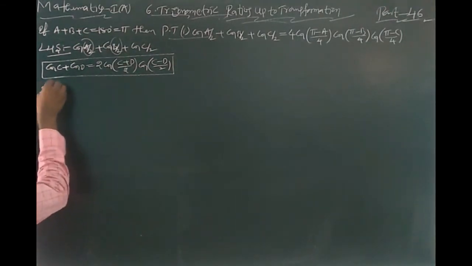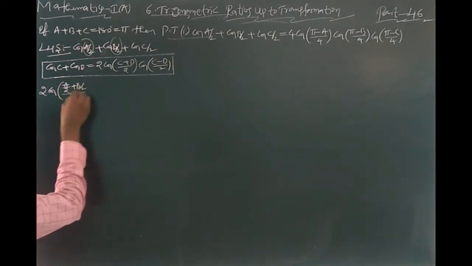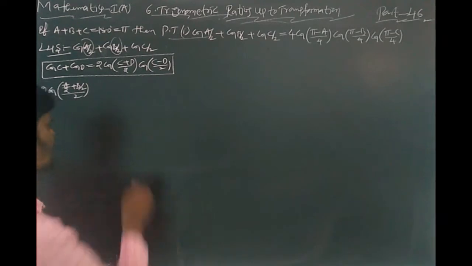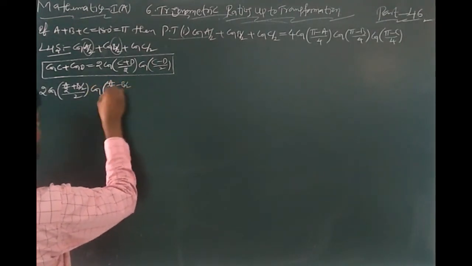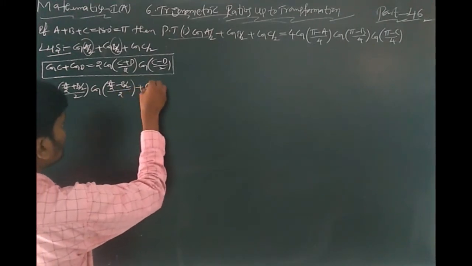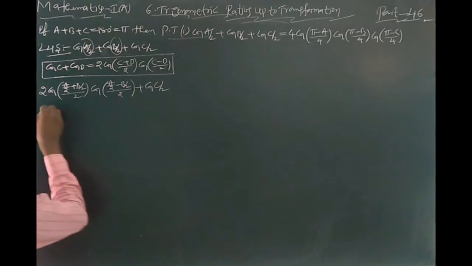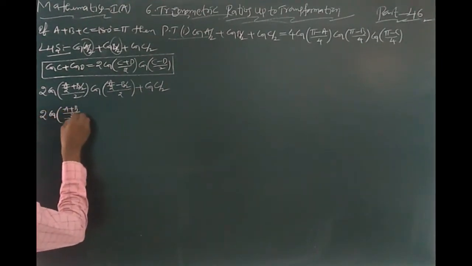You can write 2 cos of (A by 2 plus B by 2) whole by 2, into cos of (A by 2 minus B by 2) whole by 2, plus cos C by 2.